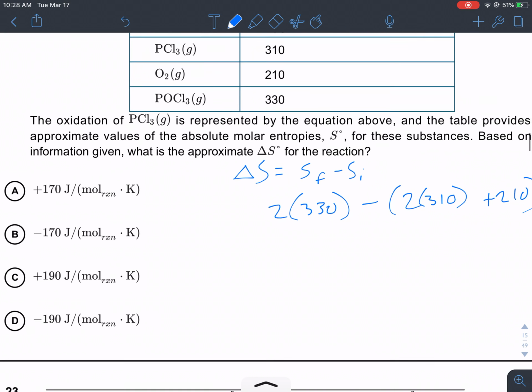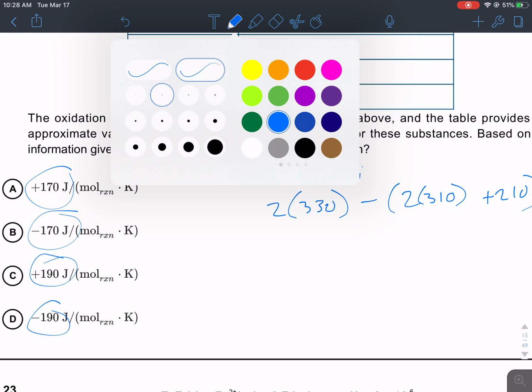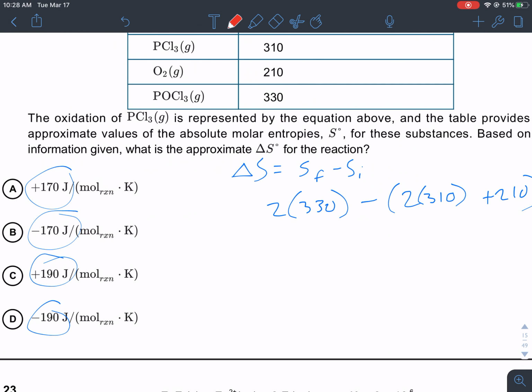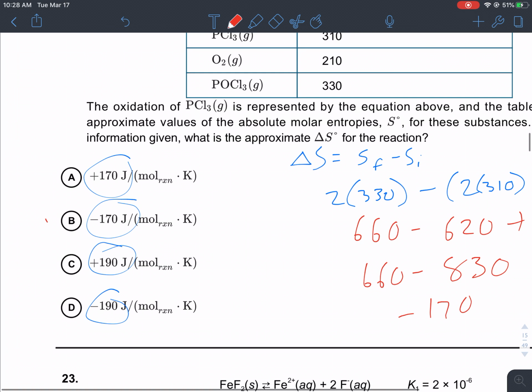Normally I would just estimate these, but look, these numbers are super close. They're a margin of 10, and I don't want to do that. So this is 660 minus 620 plus 210. This ends up being 660 minus 830. That becomes negative 170. The answer, B.